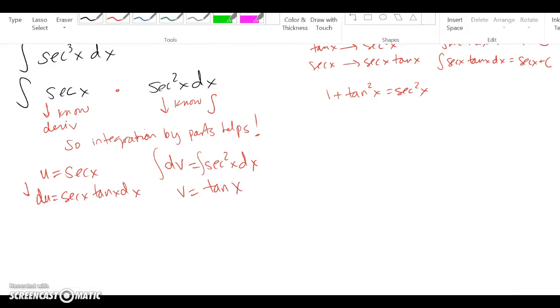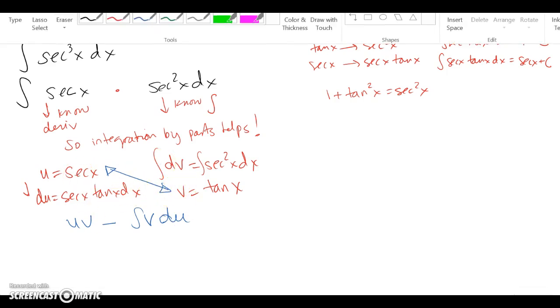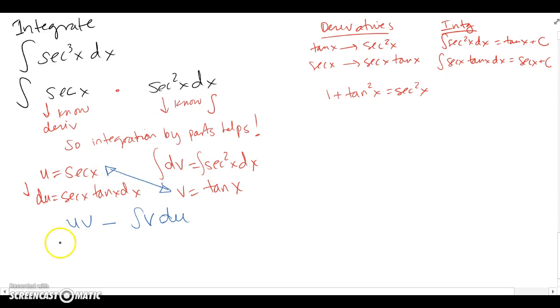So let's see what's going to happen when we do our uv minus v du business. Almost looks like a v du. So uv will give me secant x tan x minus integral of v du.